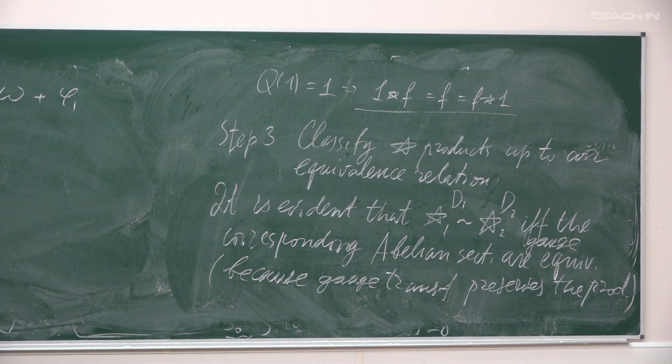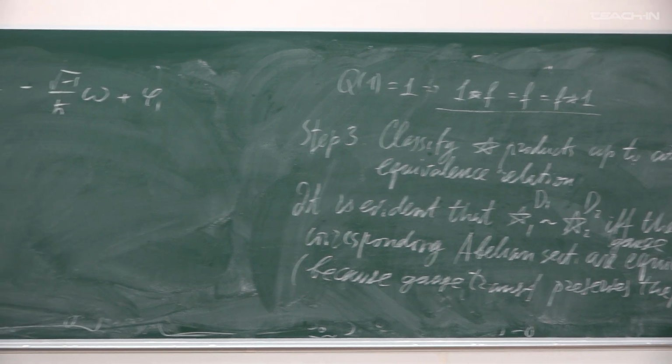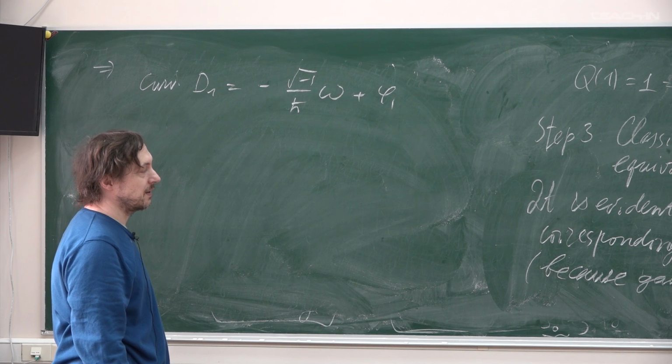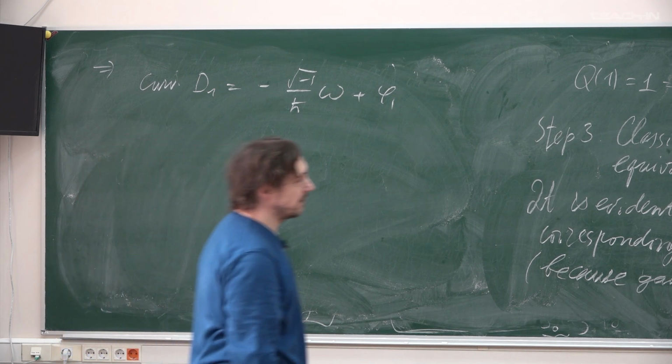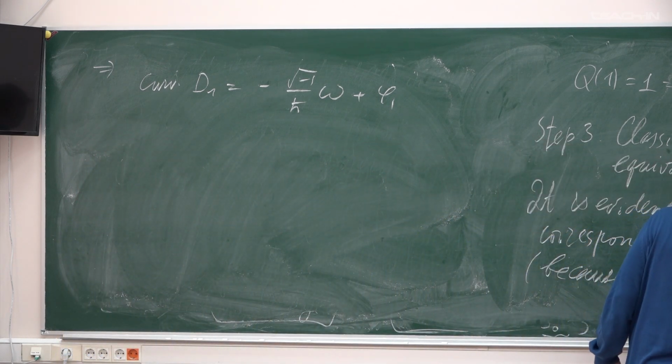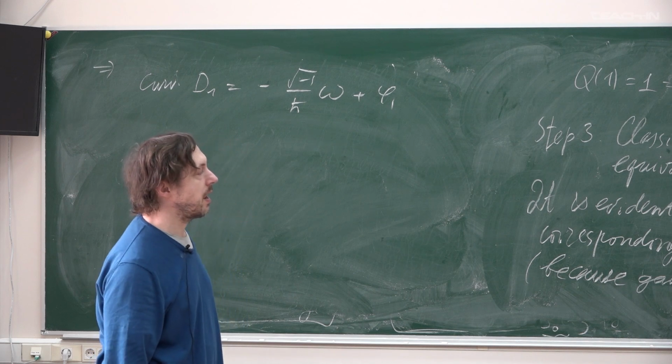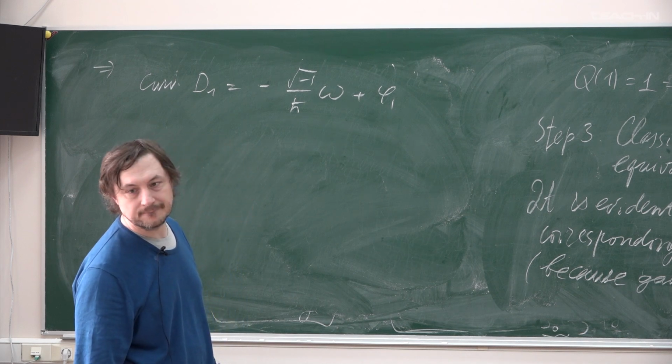Right? Sorry? How is the implication from the left to the right? The equivalence? That's section, connections. If we have equivalent star products, how do we find the gauge equivalence?